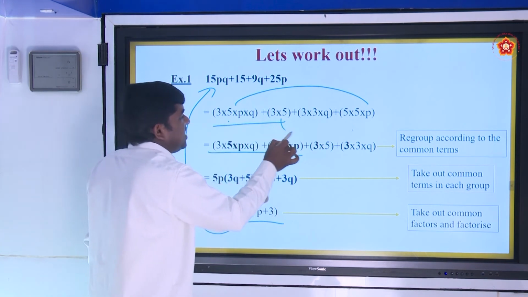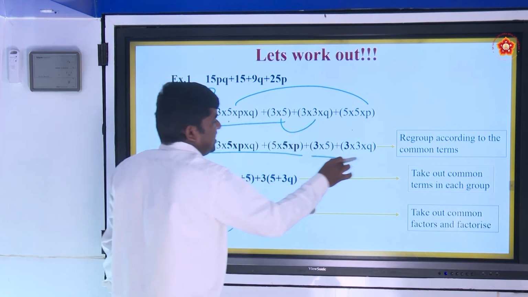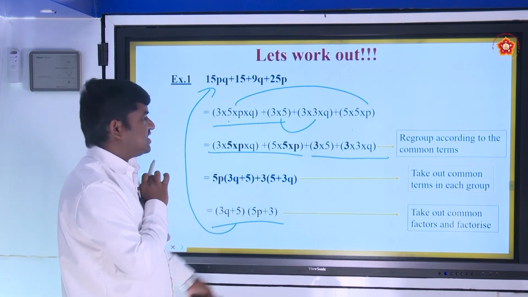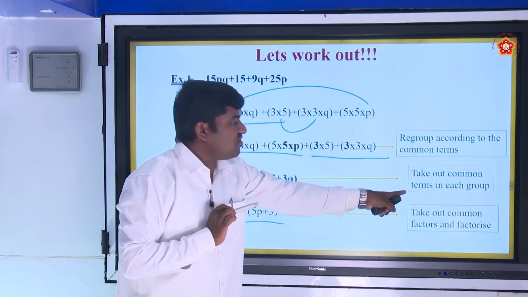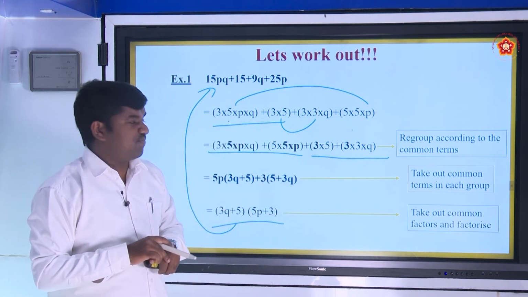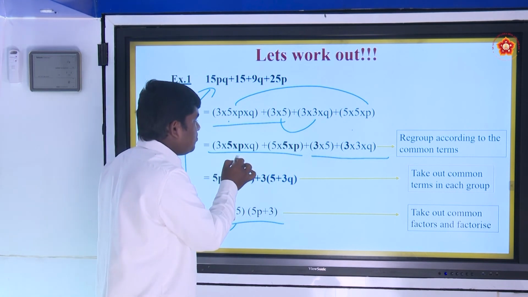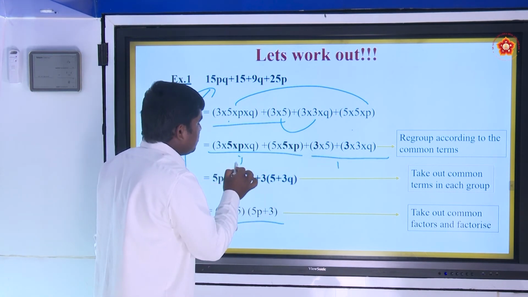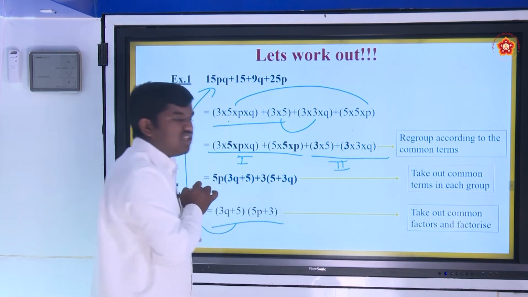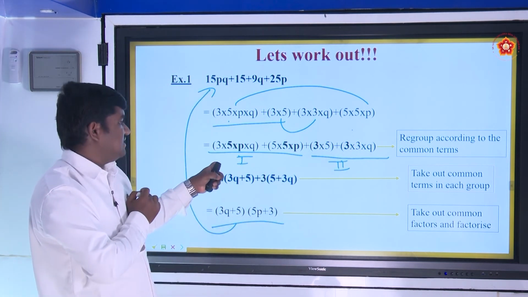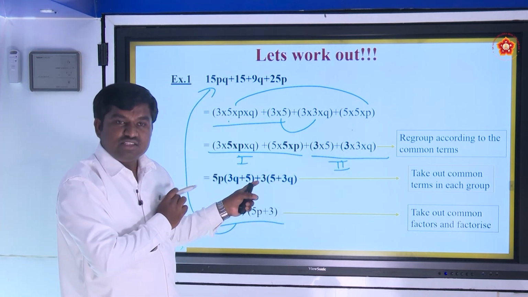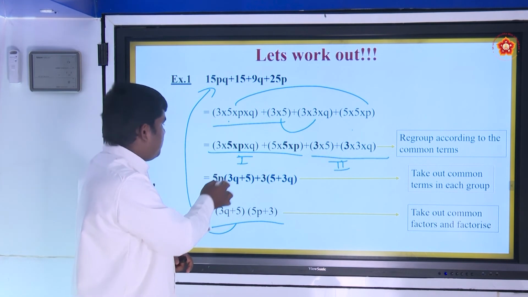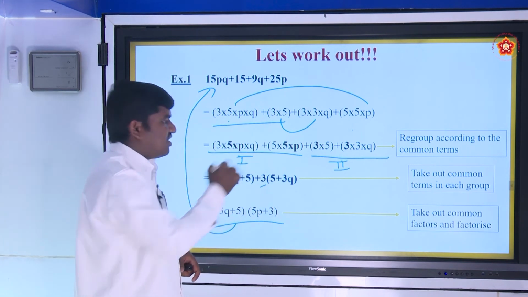Next, second one and third one, second group. Next procedure, take out common terms in each group. From the first group and second group, take out the common factors. Observe, you are taking 5p from the first group, 3 from the second group.